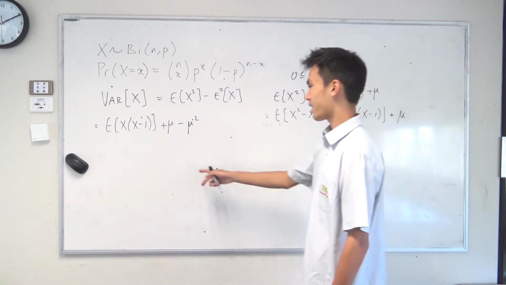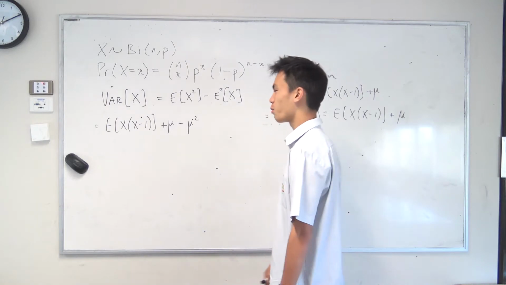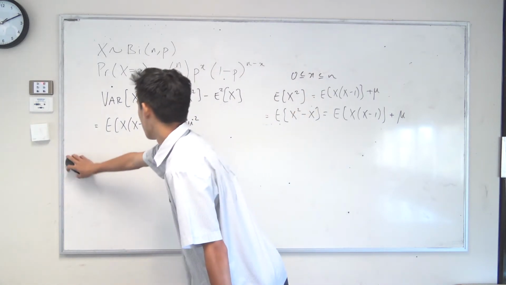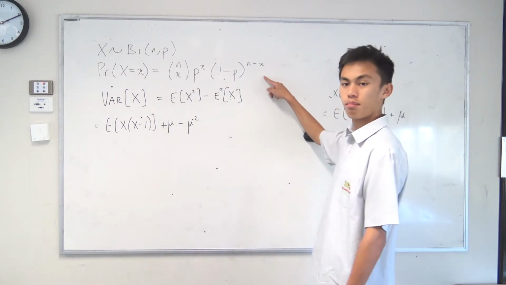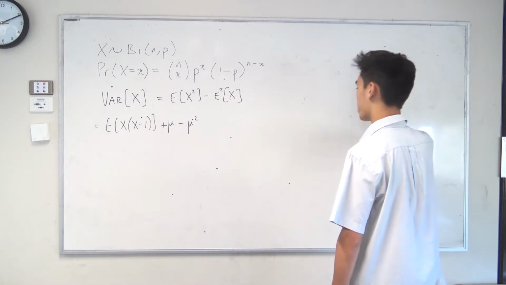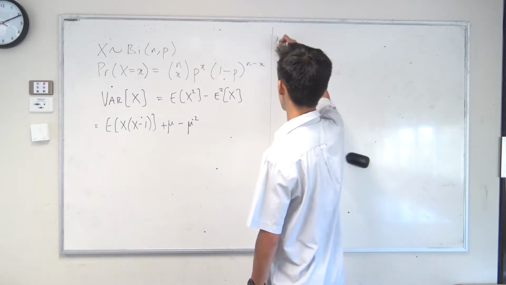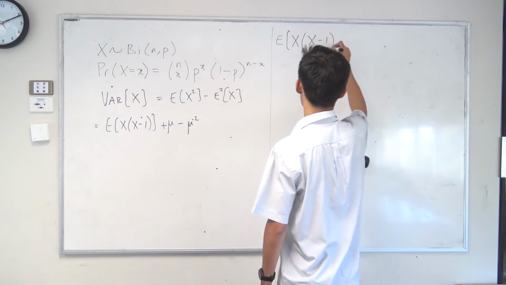So calculating the expected value of x times x minus 1 isn't too bad, I guess. It's better than calculating the expected value of x squared. So to calculate that thing, let's just plug the probability formula into that equation. On the right hand side of the board right here, we're going to be solving the expected value of x times x minus 1.